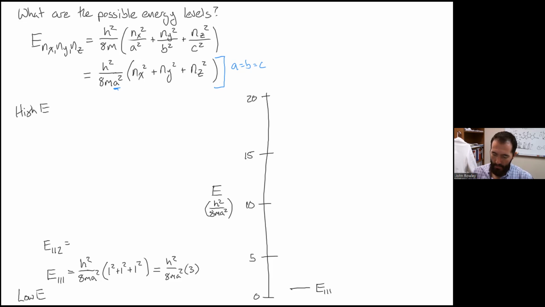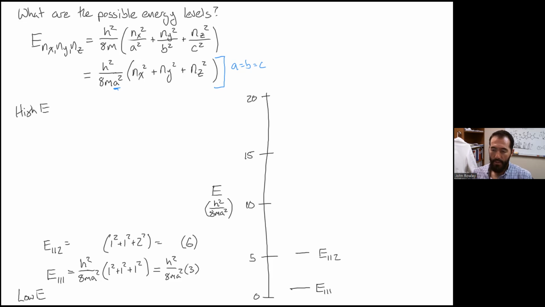To calculate that energy level, it would be 1 squared plus 1 squared plus 2 squared, which would give us an energy value of 6. So here is the E112 level. Notice that I'm simply putting the energy levels in units of h squared divided by 8ma squared. I'm simply recording the numerical value of the energy I'm calculating.